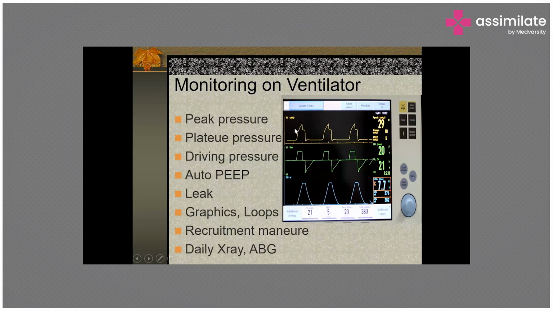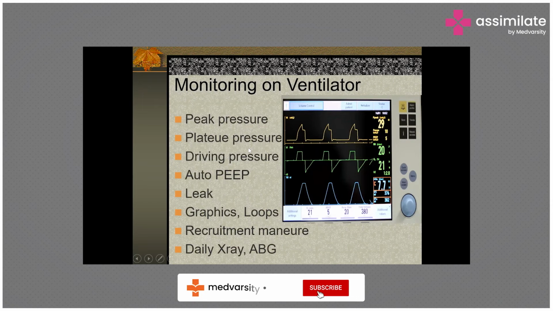Second is the plateau pressure. This is the peak pressure, which measures the resistance of the airway, and this distance is the plateau pressure. This plateau pressure measures the compliance of the alveoli, how elastic or how stiff the alveoli are. If the alveoli are very stiff, the plateau pressure will be high.